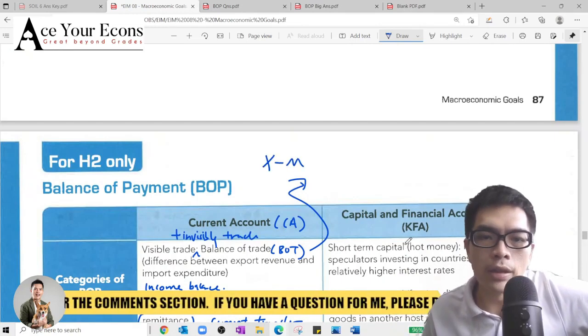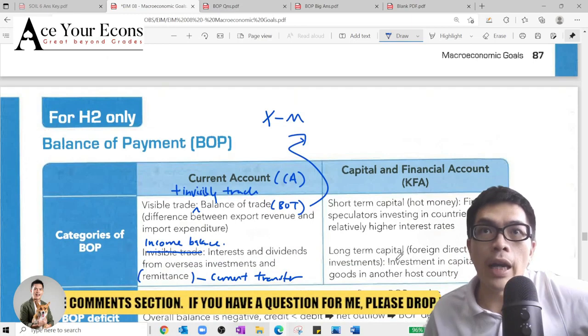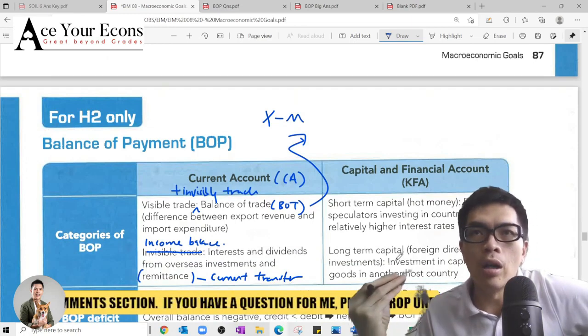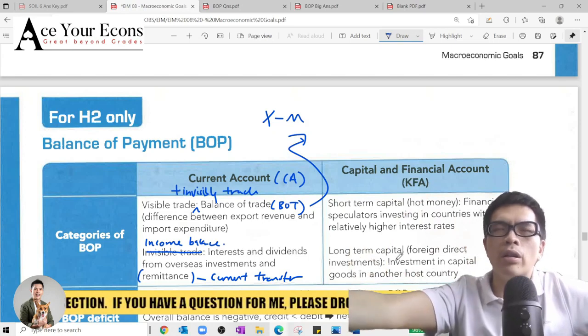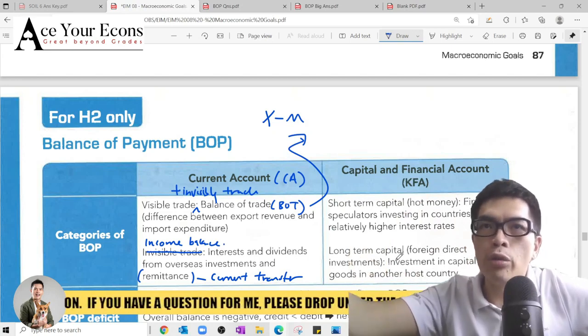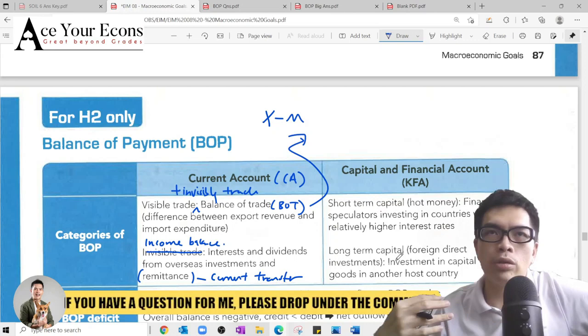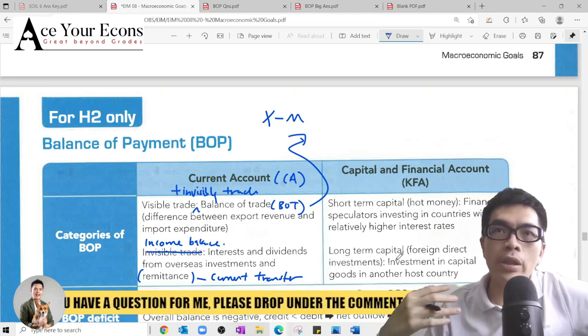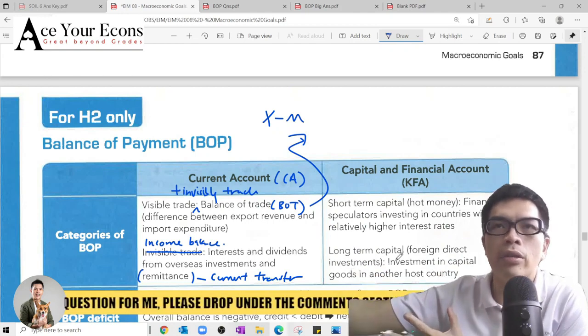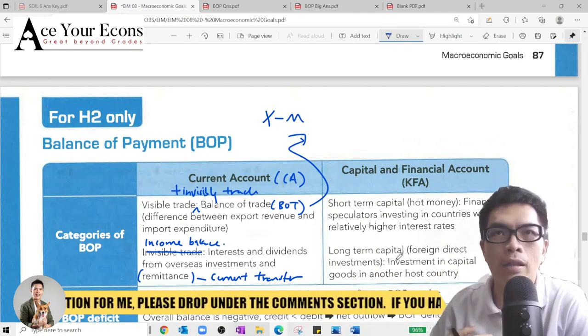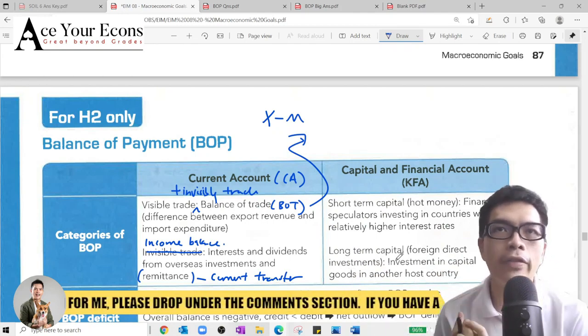So we are concerned about the net receipts from your net exports: how much you sell to the rest of the world versus how much you buy from the rest of the world as a country. If a country is selling more goods and services to the rest of the world than it buys, will that be a net inflow or net outflow?